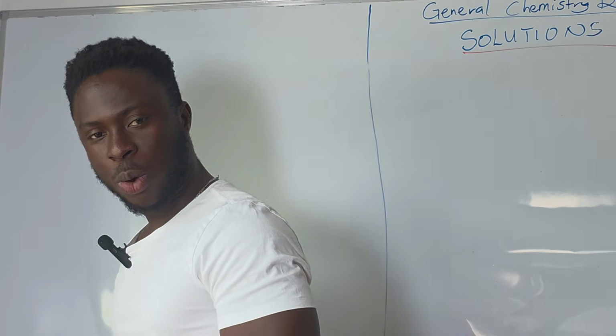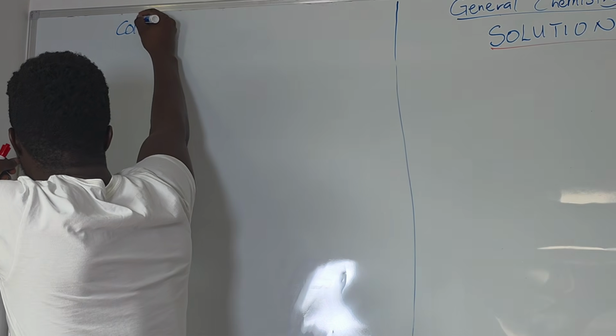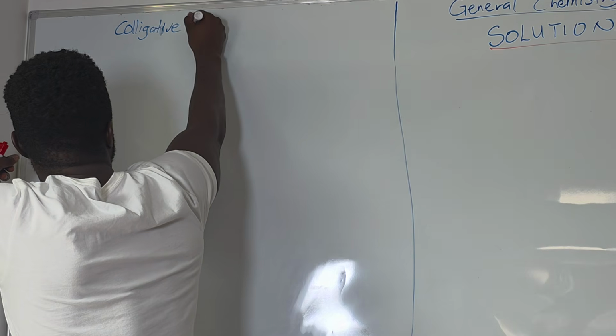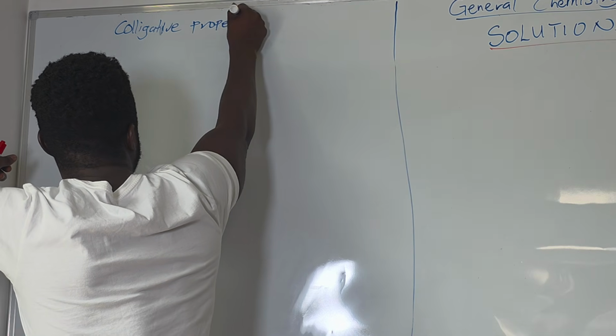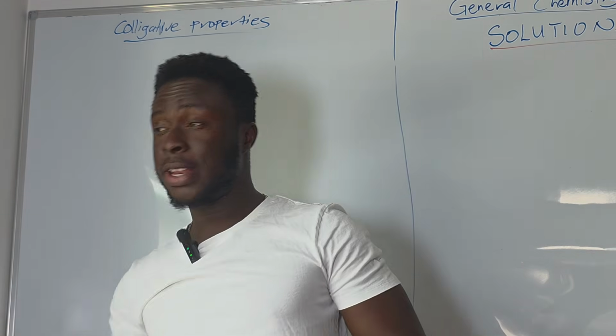But the next part that we are going to is the colligative properties. Now, when we say colligative properties, we're talking about properties of the solution.